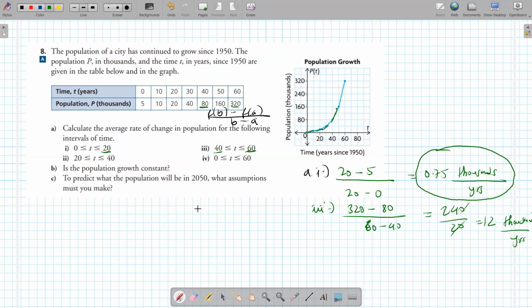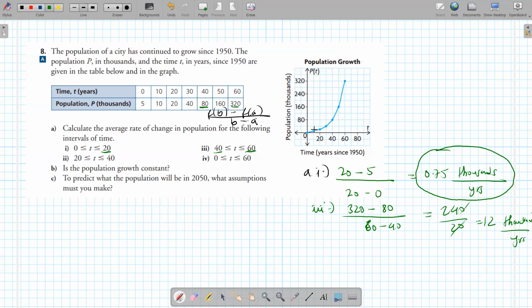Part C: to predict what the population will be in 2050, what assumptions must you make? We're going to assume that this model, which appears to be an exponential model, goes on over time. That's how we predict when we would hit 9 billion and what the population will be in 2050.